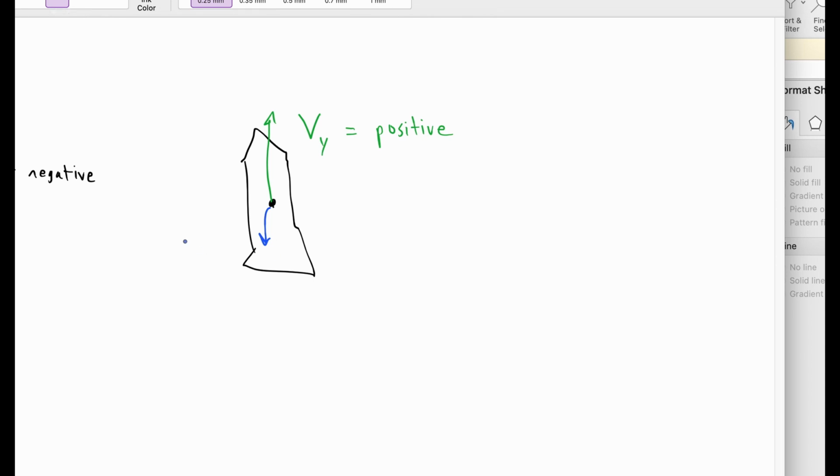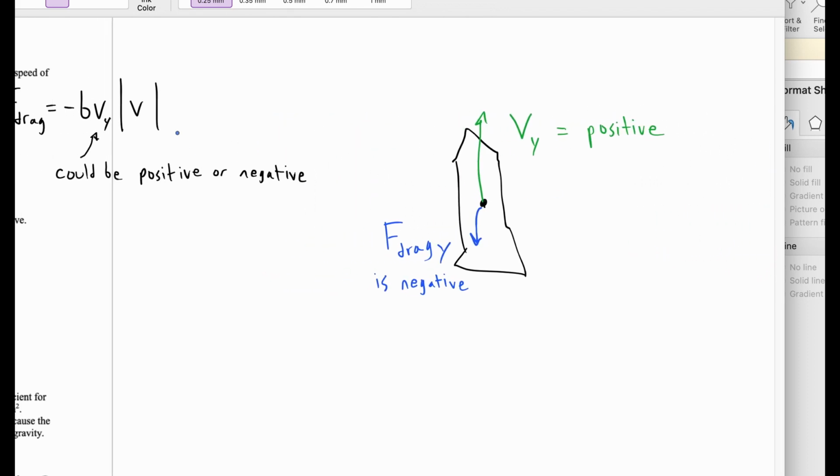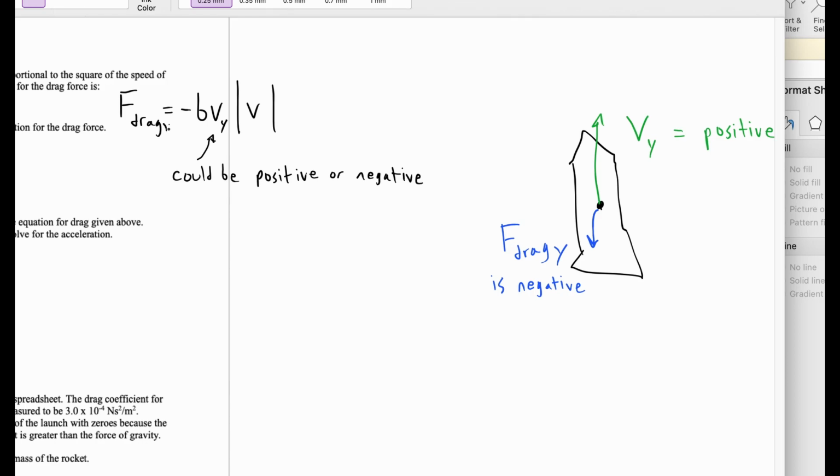We need the drag force to be negative. If the rocket were on the way down and the velocity was this way, now the drag force would be upward. So I just put a Y on there to make it clear that it could be positive or negative. So I'll put that into my formula.